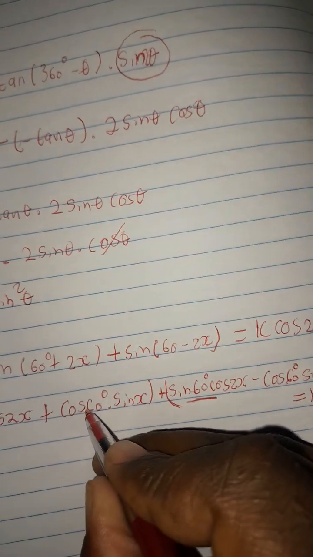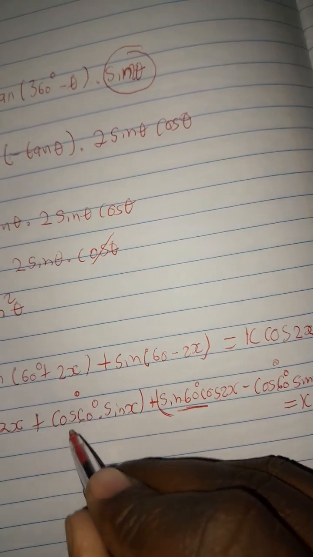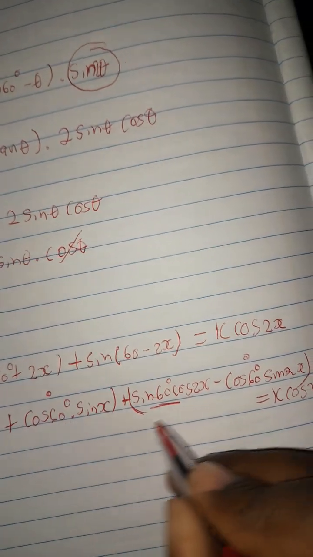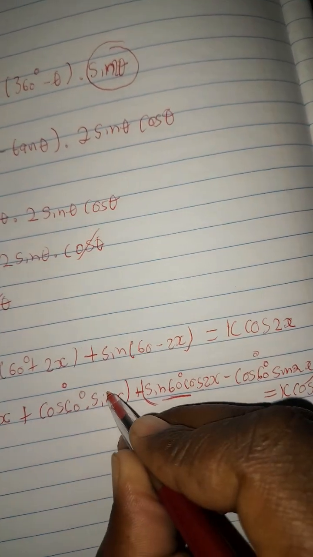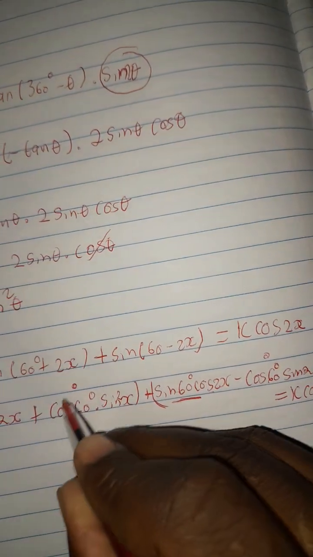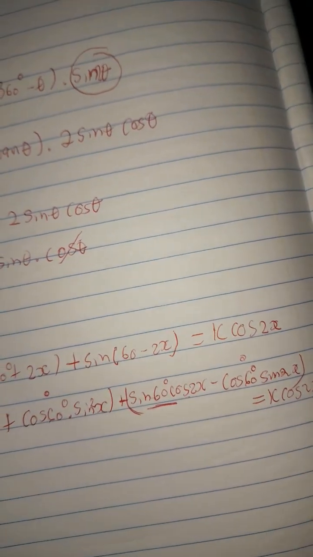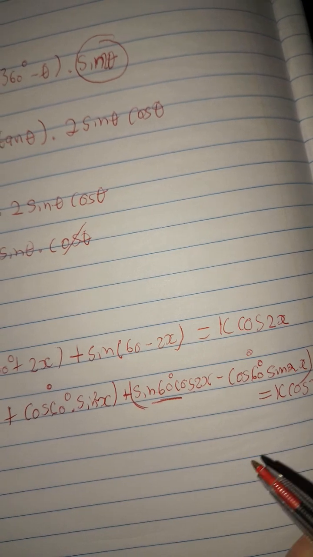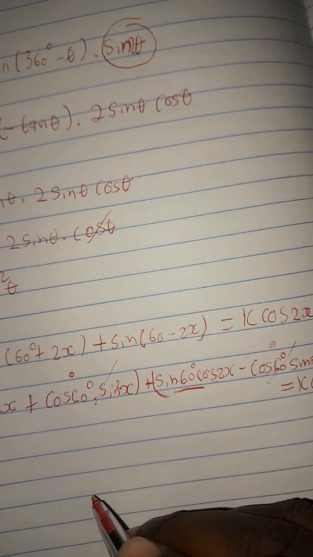But the like terms are here again: cos 60 sine 2x minus cos 60 sine 2x. Not x here, it's supposed to be 2x. This will cancel, actually. We'll be left with 0.